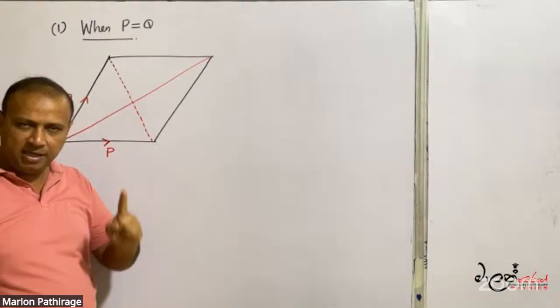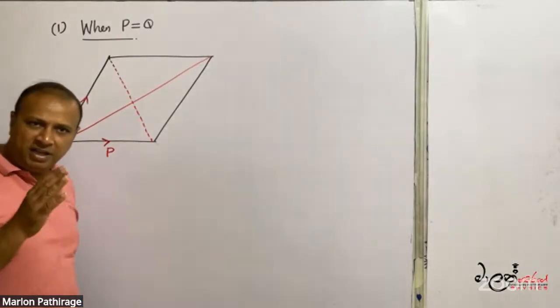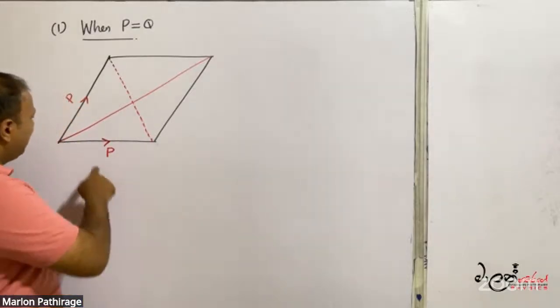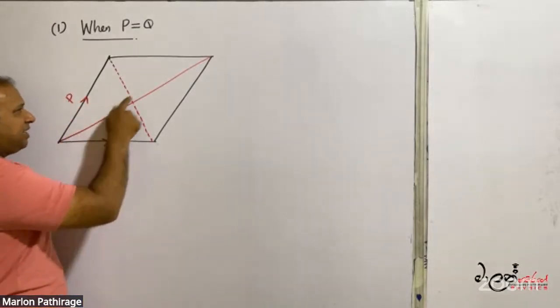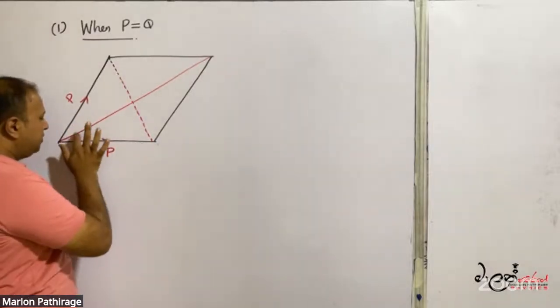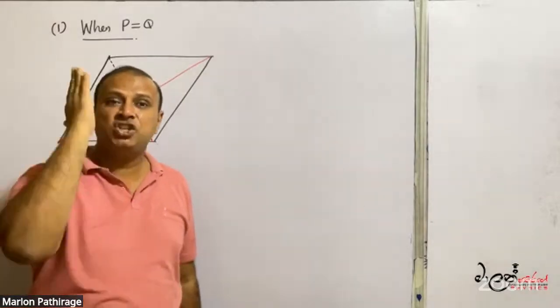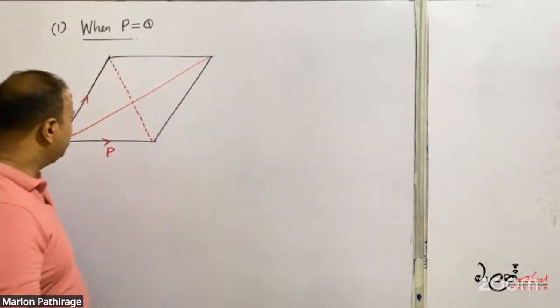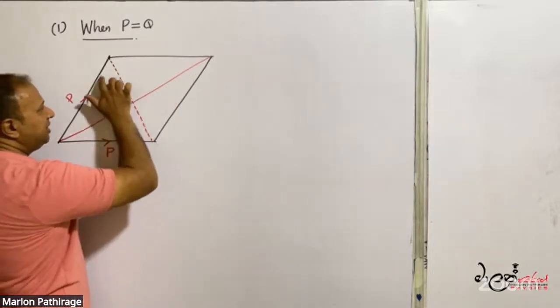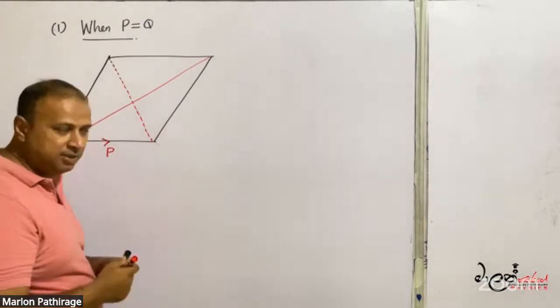Other one is the vertex angles. There are four vertex angles, and those vertex angles are bisected by each diagonal.